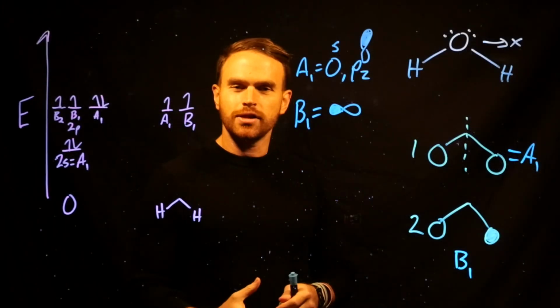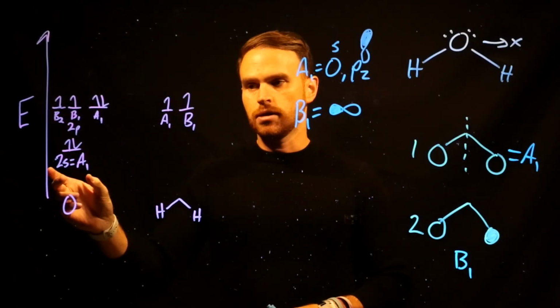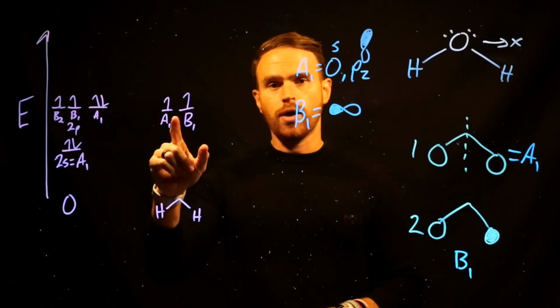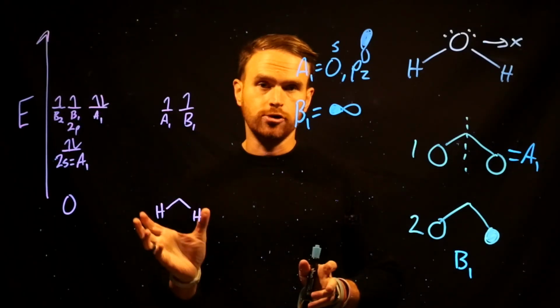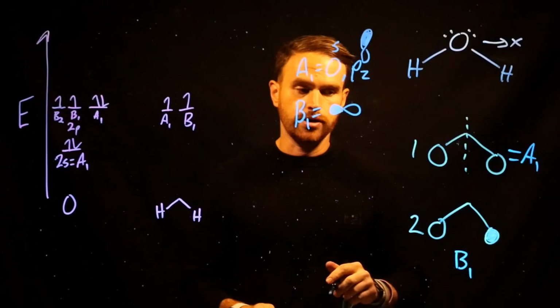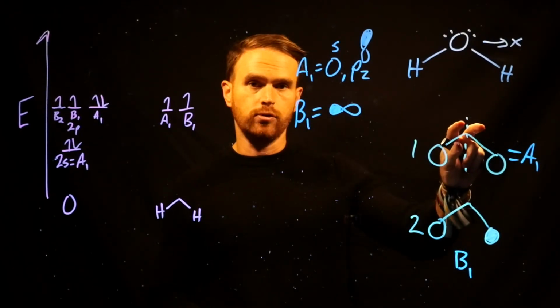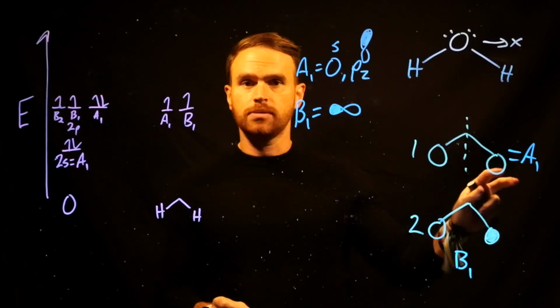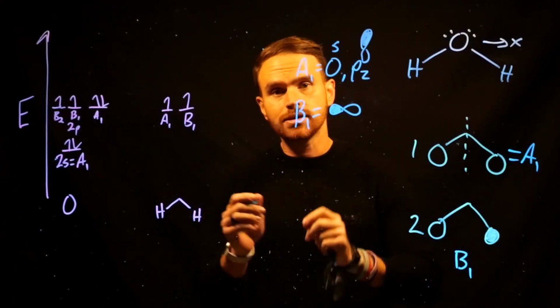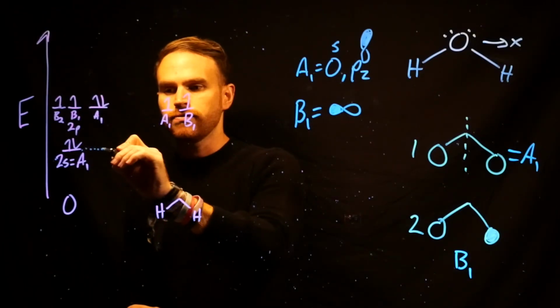As you just saw in the diagram that I displayed, the s orbital on oxygen is too low in energy to interact with the s orbitals of the hydrogen atoms. So even though this has the right symmetry as an A1 interaction, and you can envision an s orbital right here being able to match symmetry-wise to make a bond, because the energy difference is so great, this is actually not going to have any sort of interaction.